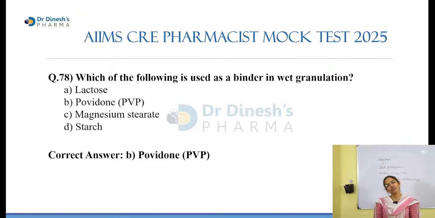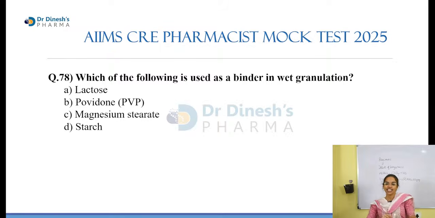So both of them can be used. Is starch not used as a binder in wet granulation? Don't we use starch as a binder in wet granulation? The logic here is, it is not starch paste. If it is starch paste or starch solution, yes, definitely you can use it in wet granulation.